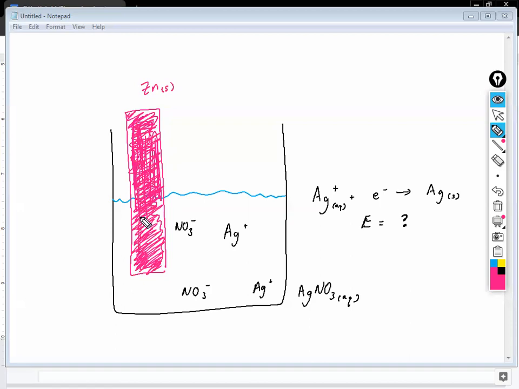I learned that in art class. That's what it's called, right? Cross-hatching. Whatever. Anyway, so we add a piece of solid zinc. Now zinc also has the potential to become aqueous, right? So solid zinc can become aqueous, Zn2+ and 2 electrons. And there's a potential for that too.